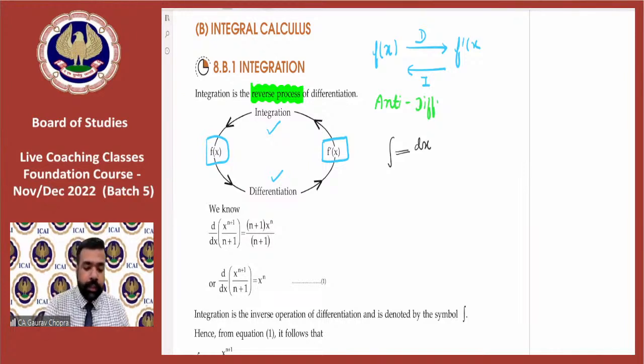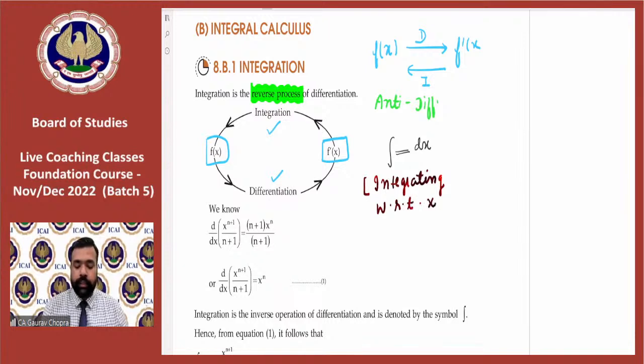This simply means integrating with respect to x.